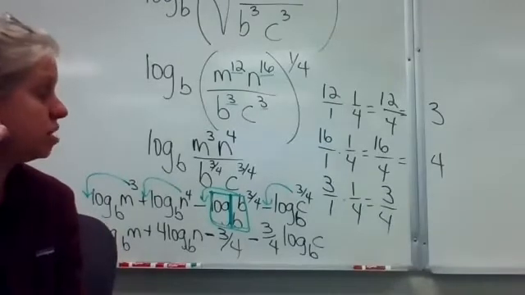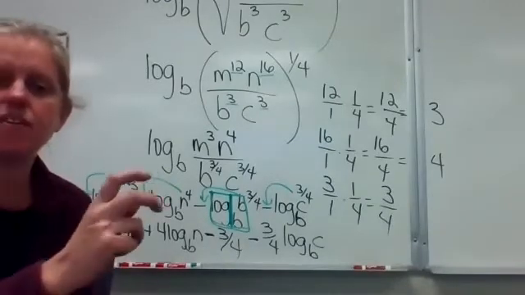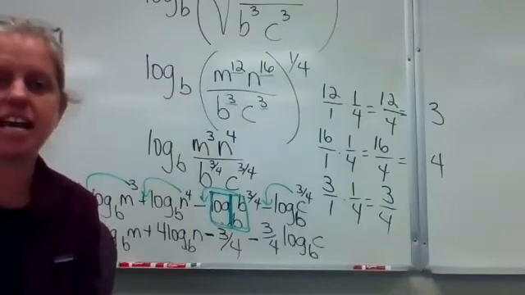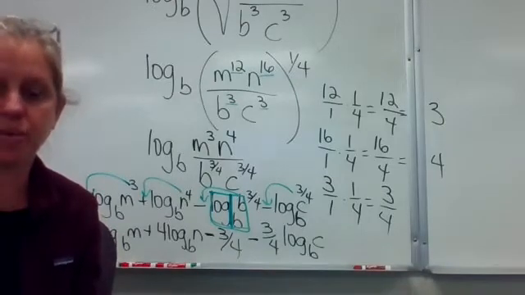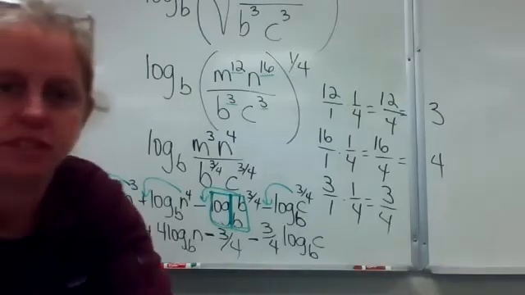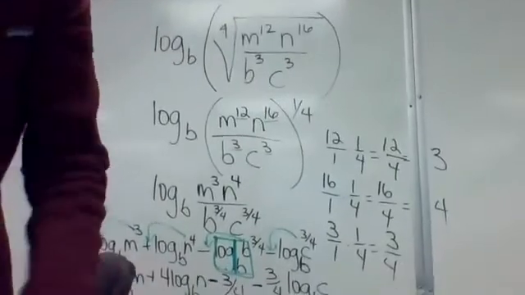Okay, now we're going to be going the other way. It's going to give us 2 logarithms and ask us to simplify it and write it as a single logarithm. Let's look at number 12.